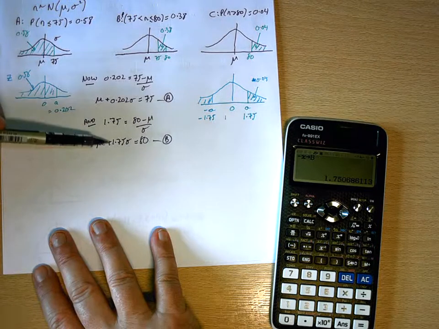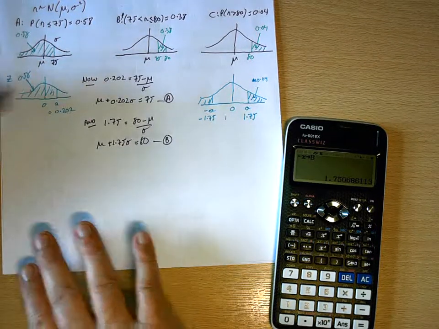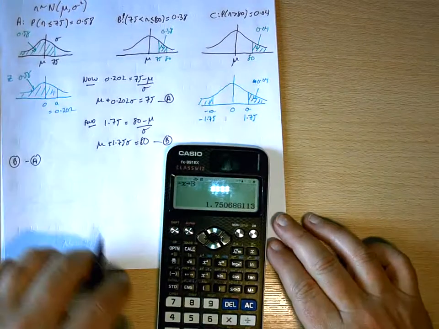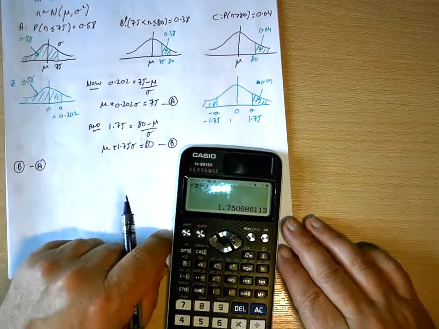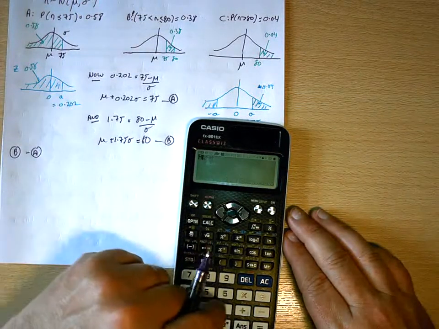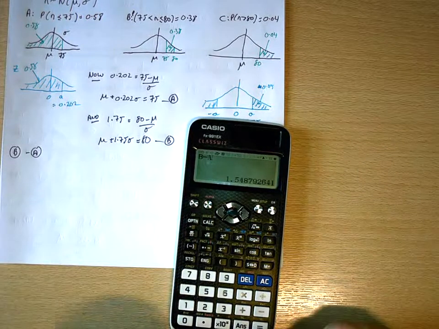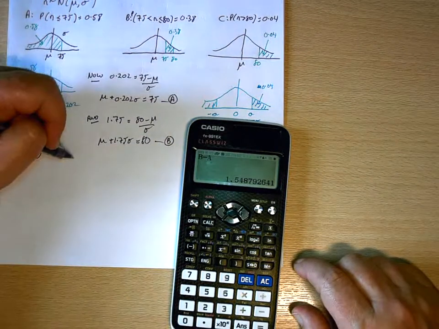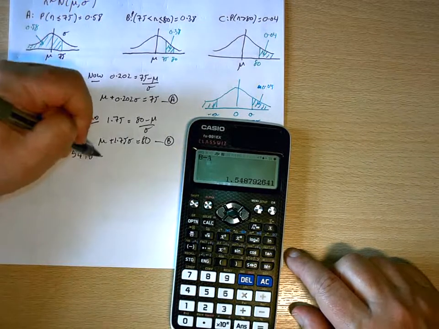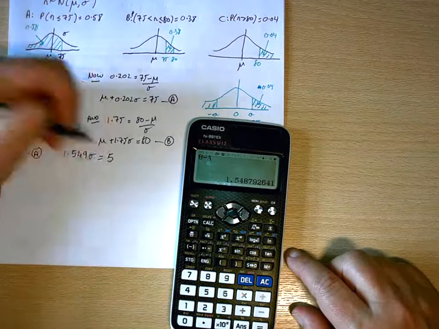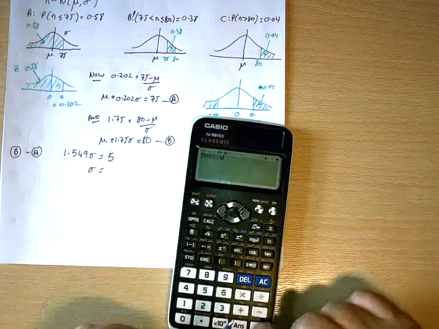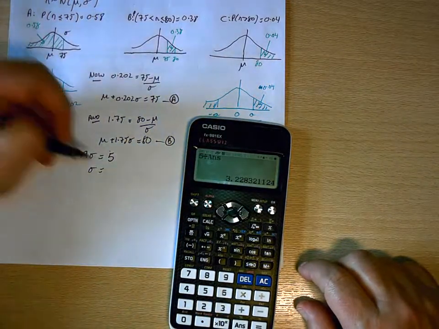So if I do b minus a, because that's bigger than that, I will end up with 1.549 sigma equals 80 minus 75, which is 5. So the standard deviation is going to be 5 divided by that, 3.23.